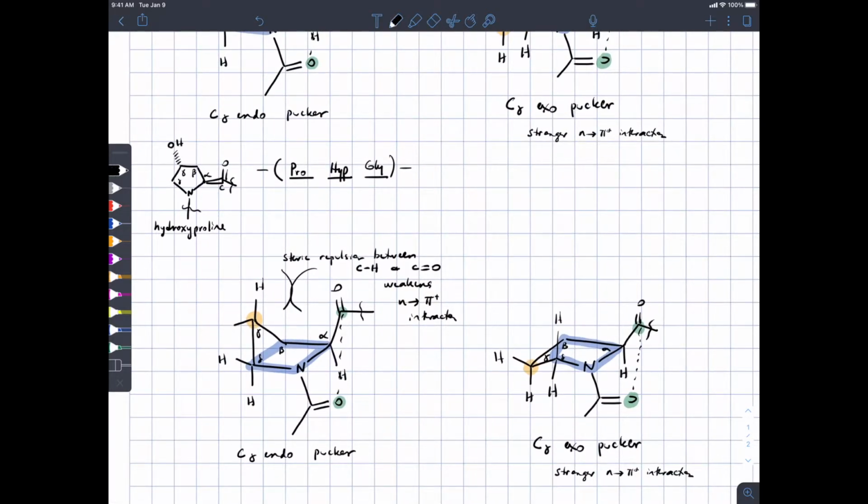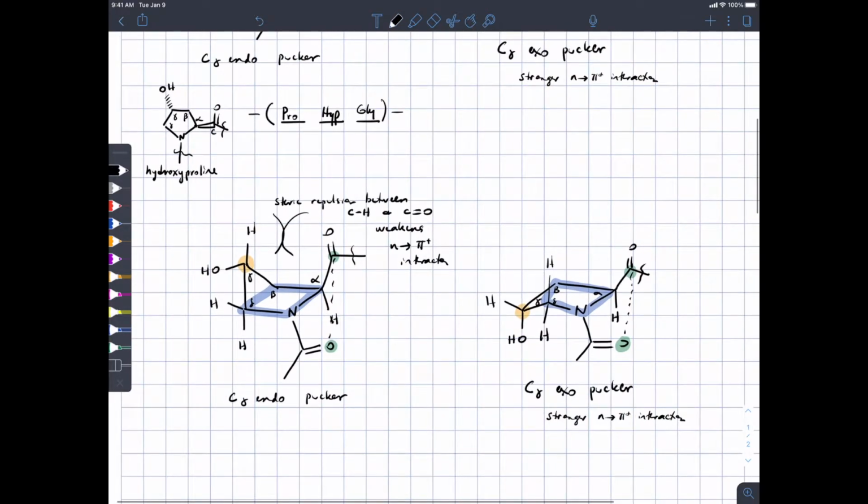Let's put the OH group, which is down here, versus here. And let's examine that conformation and see whether that OH group would influence the stability of the endo versus the exo pucker.